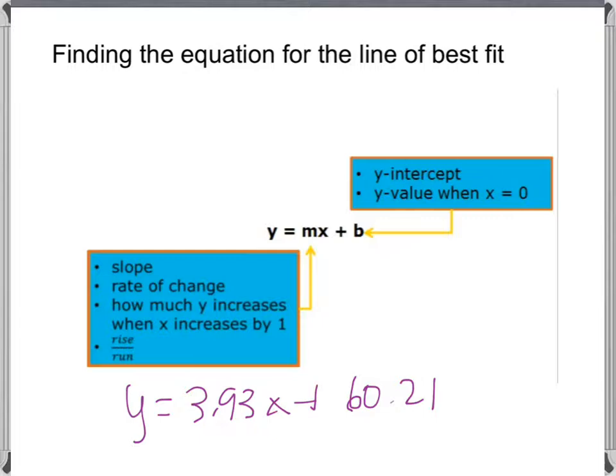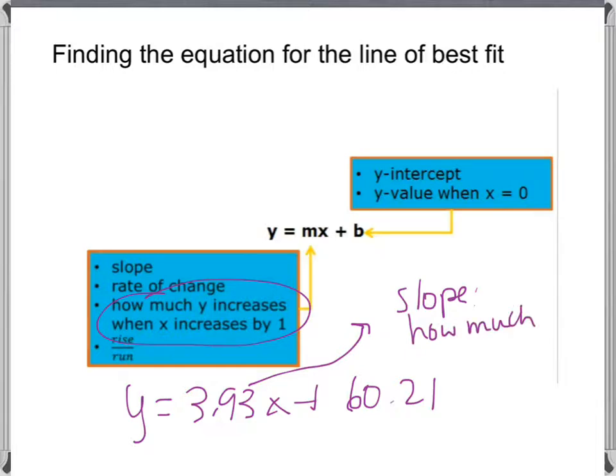Now remember that the slope is how much the y changes when the x changes by 1. So remember, our y is the test score, so our slope can be interpreted as how much higher a test score is when you increase your sleep by an hour.